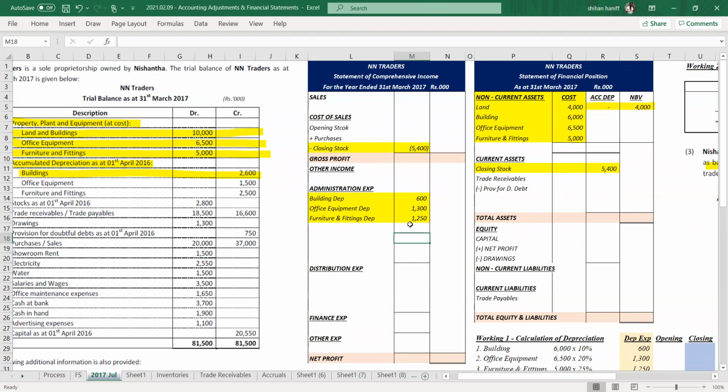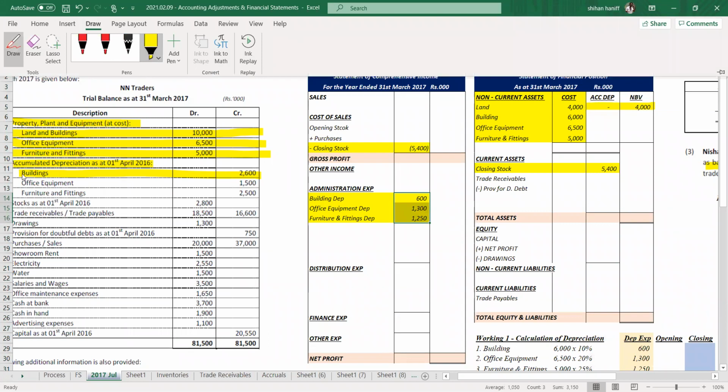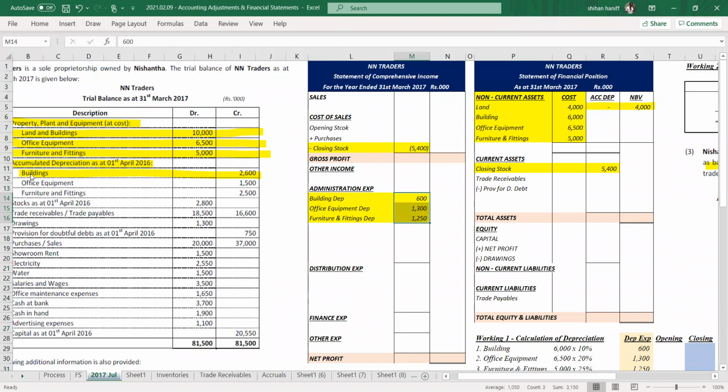Then to calculate the closing accumulated depreciation. Accumulated depreciation, this amount goes to the statement of financial position. Now, how do you calculate the accumulated? These are current year, and in the trial balance they have given the opening depreciation.